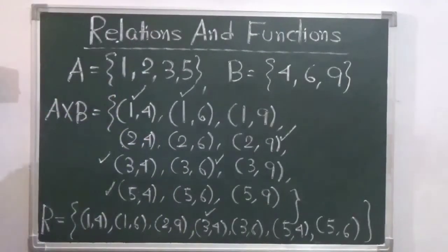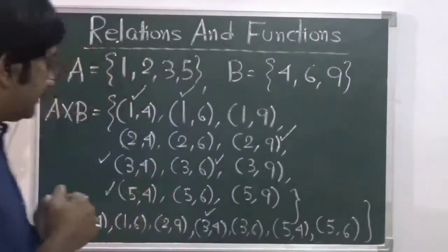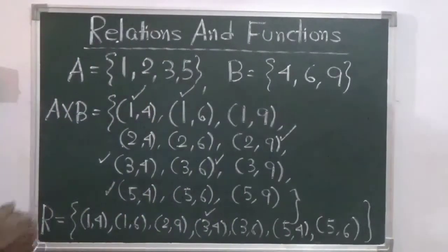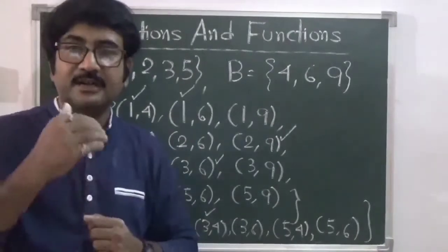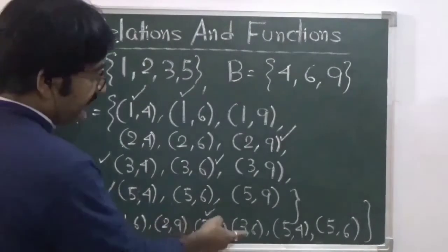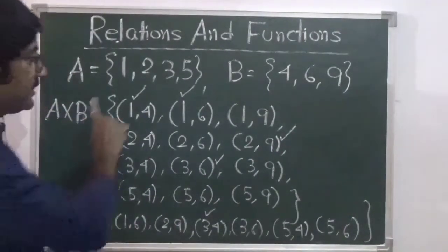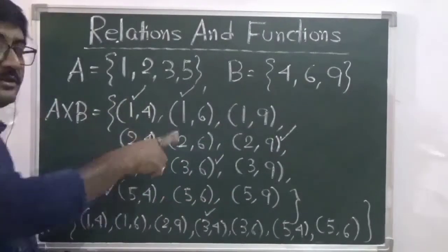Now relation is, as we have already mentioned, a subset of the Cartesian product. Based on certain conditions, we will be a little selective in the case of relation, which is a part or the subset of the Cartesian product. So you can see these ordered pairs (1,4), (1,6), (2,9), (3,4), (3,6), (5,4) and (5,6). All these ordered pairs are part of this Cartesian product A cross B, right?